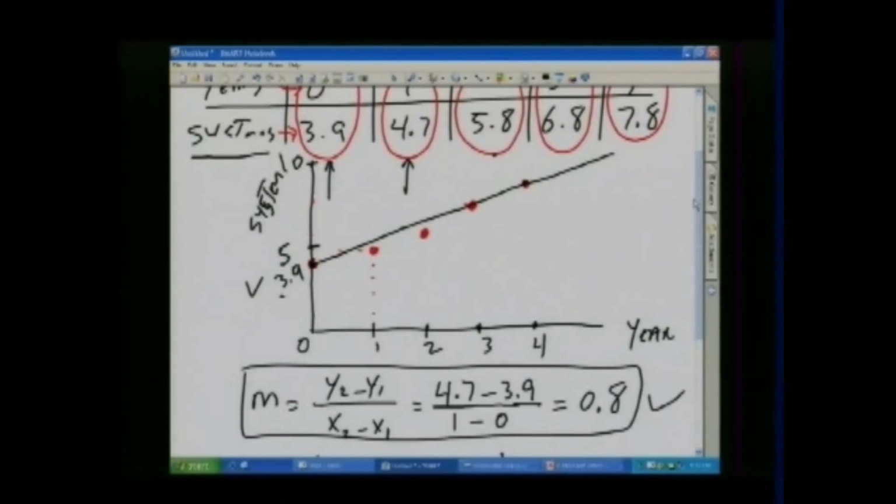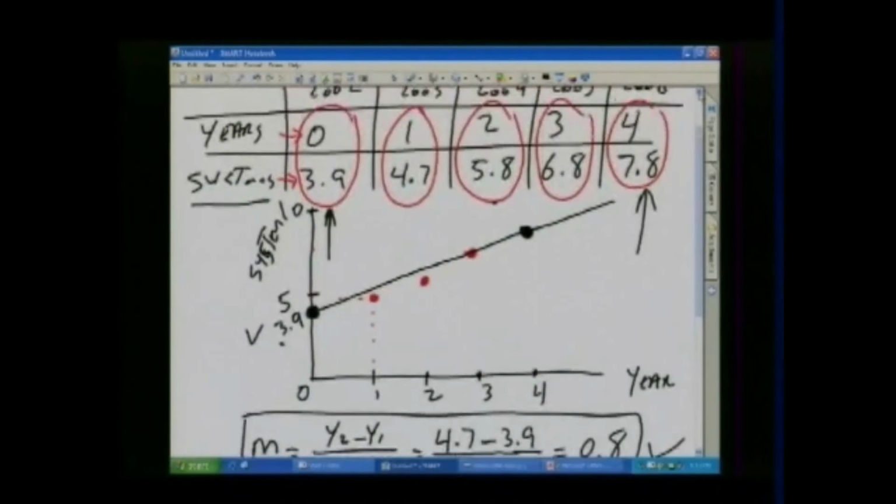Now, one qualification here would be, since I took the first point and the point 4 here, 1 and 4, and the line goes through these 2 points, then maybe as my first point, I should have taken the y-intercept, and as second point, take the last point for 2006.